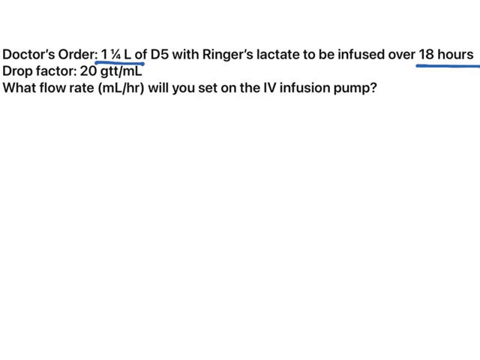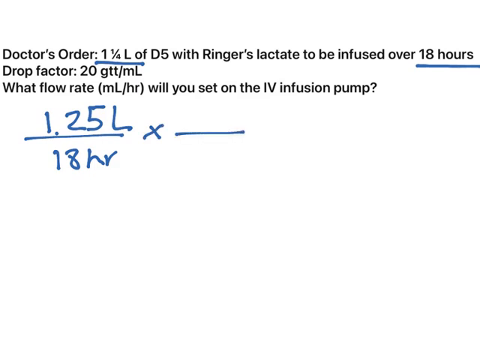All right, so an easy way to do the 1 and 1/4 liters, we know that 1/4 is 25, so that's just 1.25 liters, and that's going to be over our time, 18 hours. We know that our answer needs to be in mLs per hour, but we currently are in liters per hour.